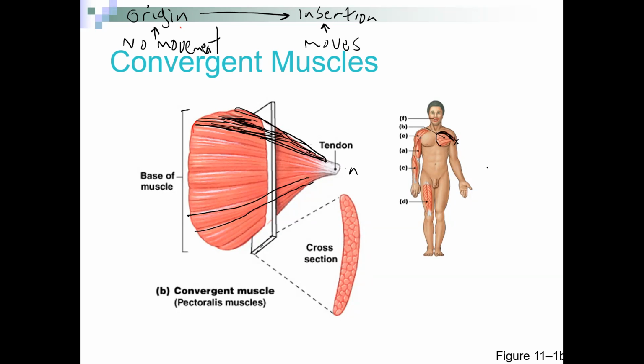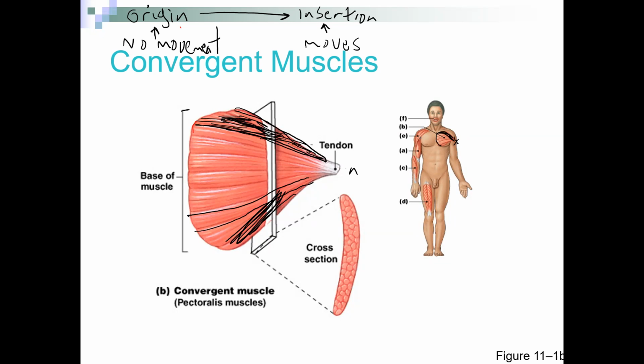Whereas if you pull down here instead, you cause your arm to move down and towards your body. So by contracting different fascicles, you cause different movements of the same body part.